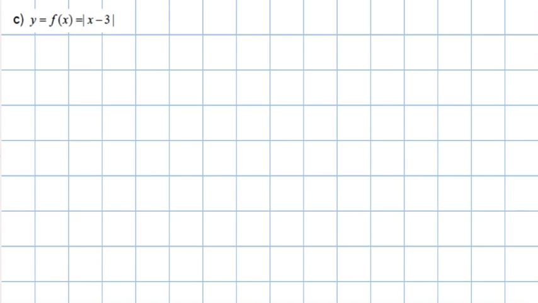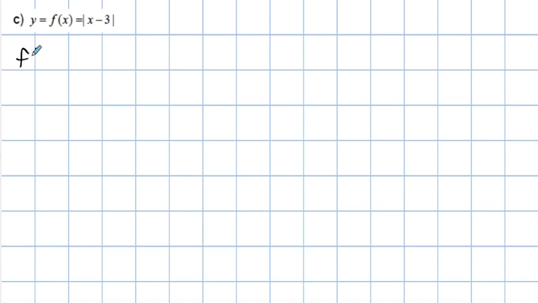Part C. What happens when we have the derivative of the function, or the function, the absolute value of x minus 3? Well, let's take a look at this function. What does this function mean? Well, anytime I see an absolute value, I need to think about what that is going to be as a piecewise function.